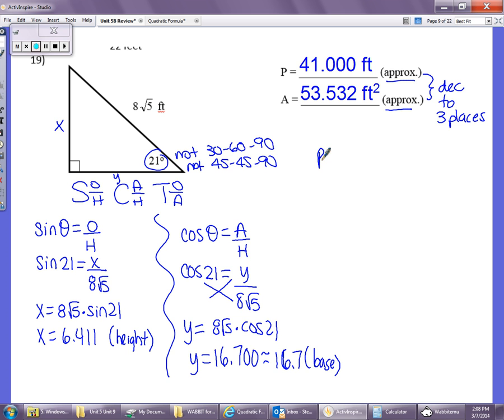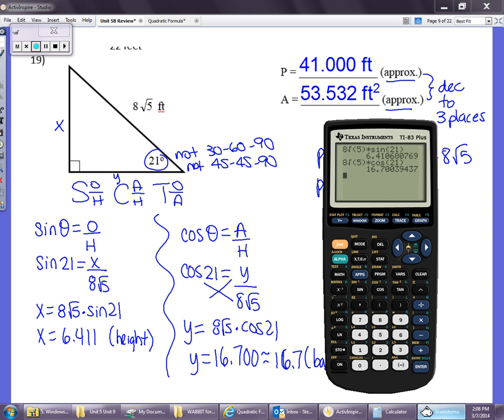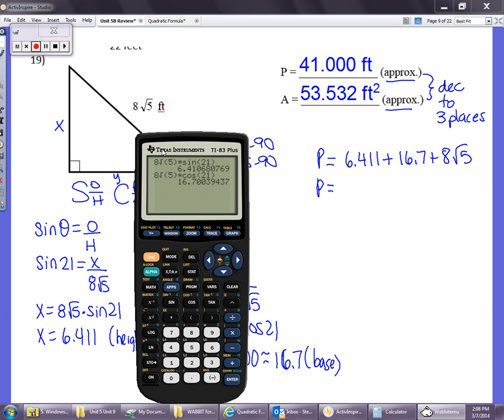Okay, so now for your perimeter, you have 6.411 plus 16.7 plus 8 radical 5. Put that all together, and I'm going to keep showing you on the calculator so that it's comfortable. 6.411 plus 16.7 plus 8 radical 5.